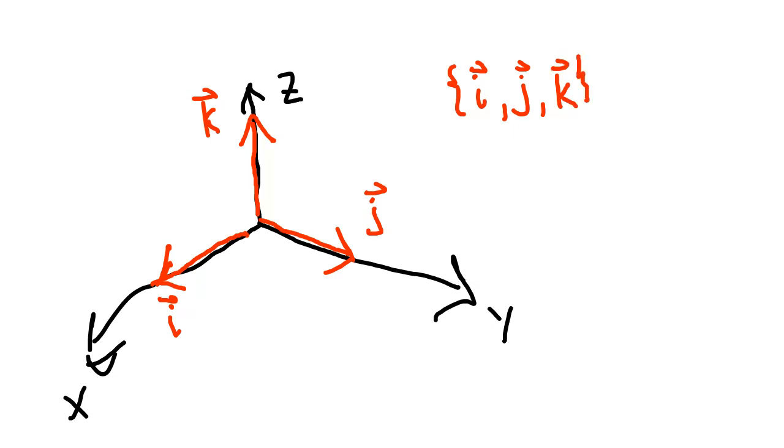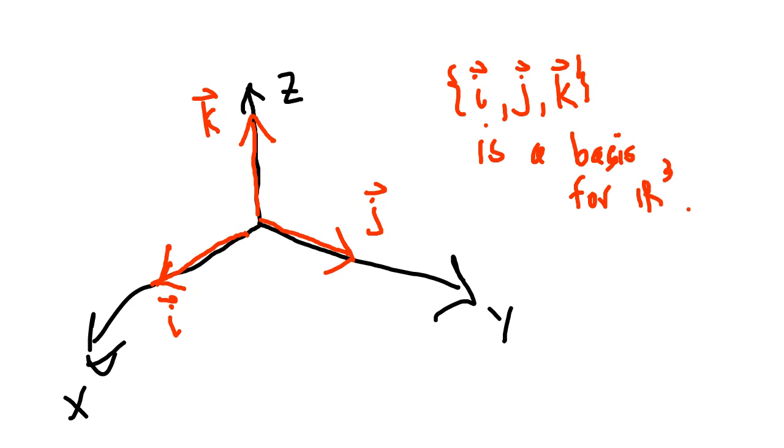Okay, Mikhail has, Yasin has, Jacob has. Yeah, and this is a basis for three-dimensional space. And you use it as a coordinate system.